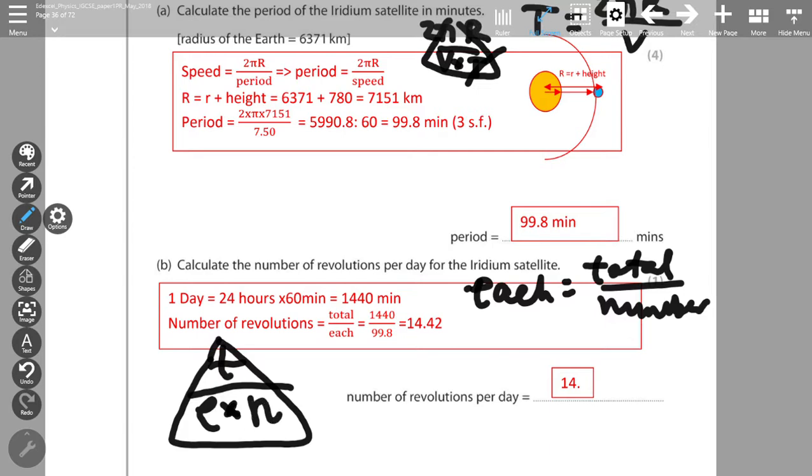If you need number, then you should divide total by each. So total time we have, time of each period we have, number of revolutions will be 14.42, and here should be 14.40. Let's keep three significant figures, 14.4.